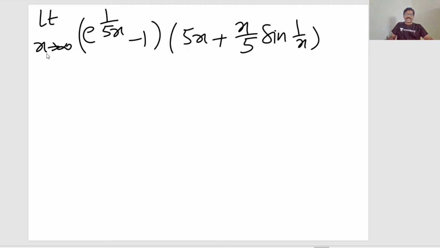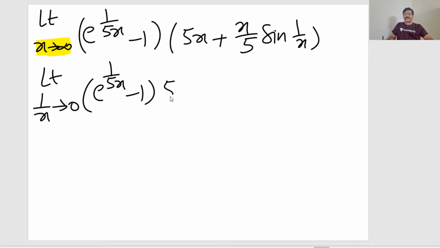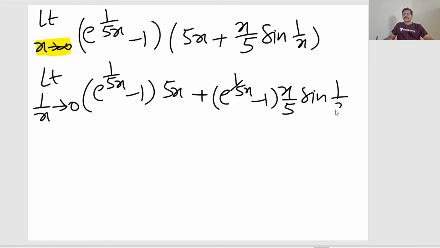When x is tending to infinity, 1/x is tending to 0. So limit 1/x tends to 0, (e^(1/(5x)) - 1) times (5x + (x/5) sin(1/x)).